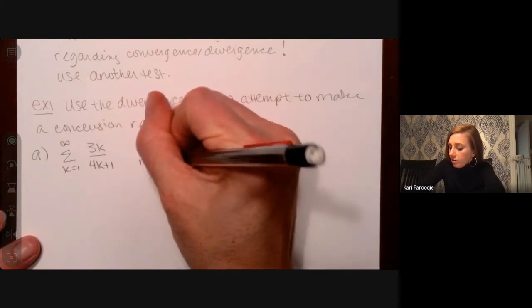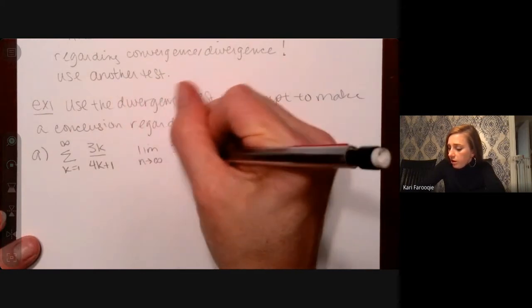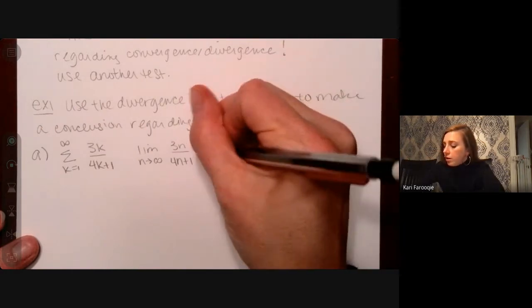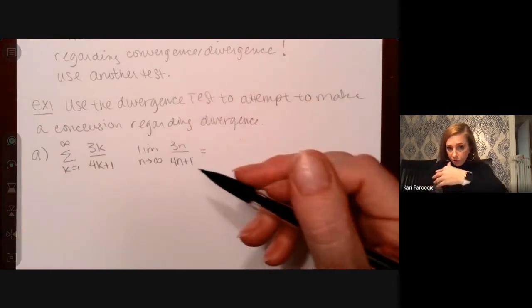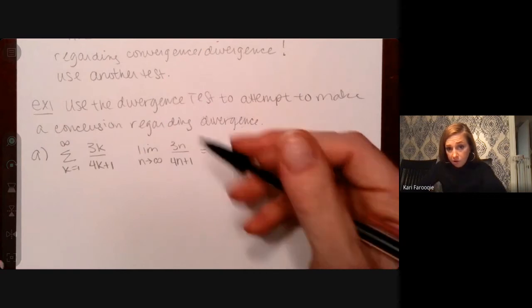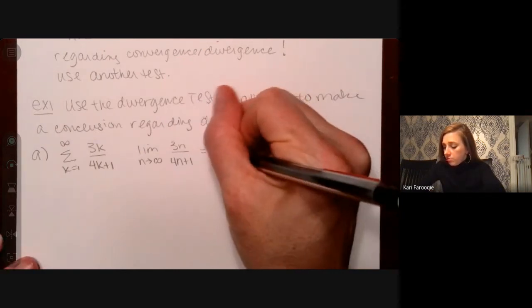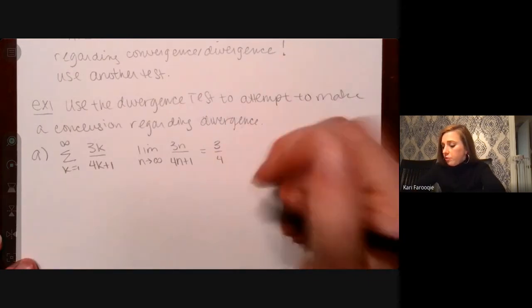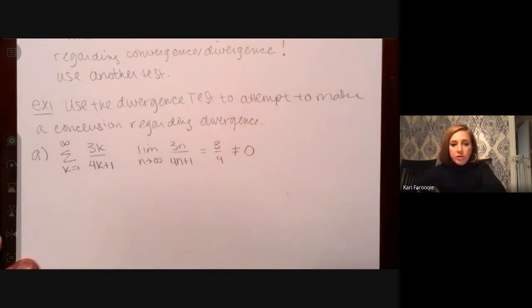So we're going to take the limit as n approaches infinity of 3n over 4n plus 1. Remember, you can use that rule from algebra that states if the degrees are the same in the numerator and denominator, the limit is the ratio of the lead coefficients if n is approaching infinity. 3/4 does not equal 0.